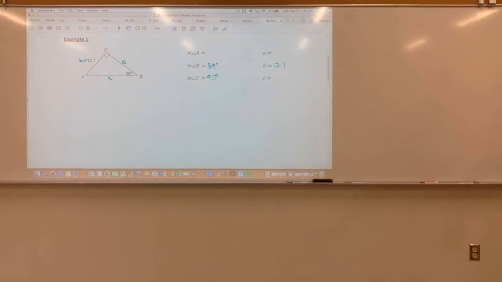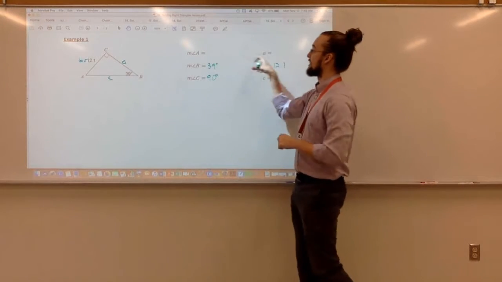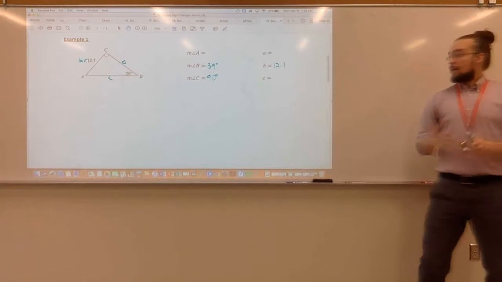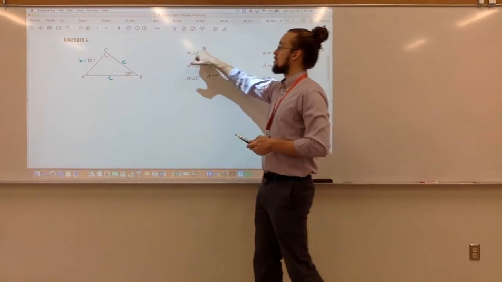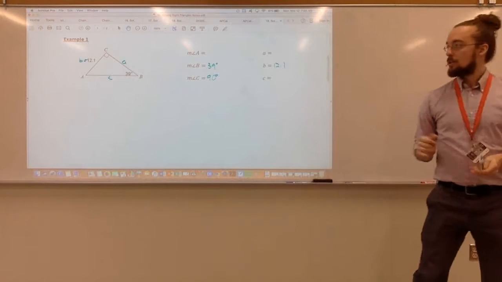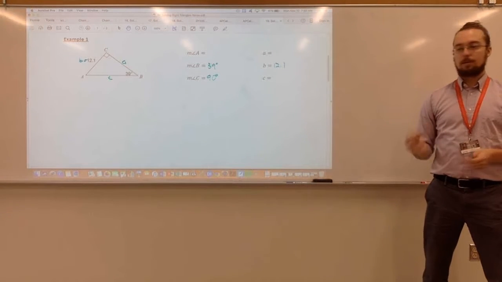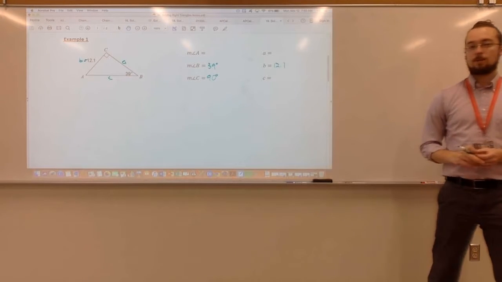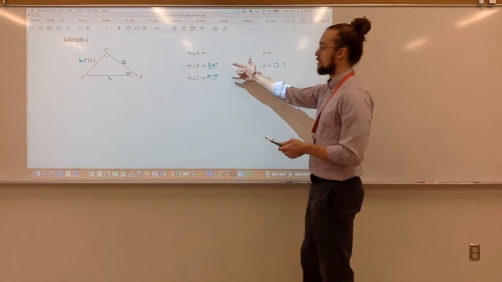Now I need to solve for the other three missing pieces. I need to find the measure of angle A, the length of side a, and the length of side c. It's probably going to be easiest to solve for A in this case. How can I solve for angle A right off the bat? If I know two angles already.